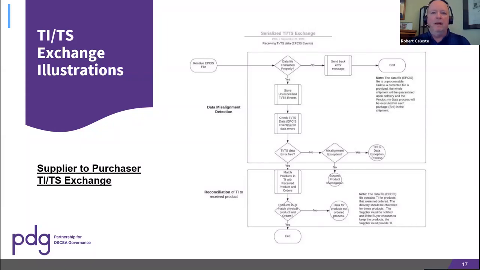At that point, you've scanned an item physically, and you have the opportunity to then check that against the EPCIS data or the TI data that you've either received through EPCIS or have available to you through a portal, and then determine whether, if you do have TI data, that product can move forward. If not, then there will be exception processing based on your own SOPs.